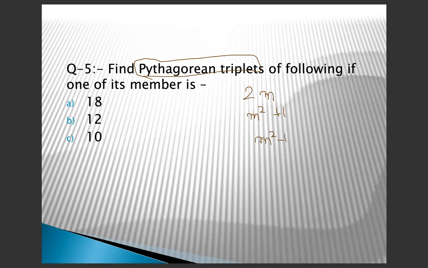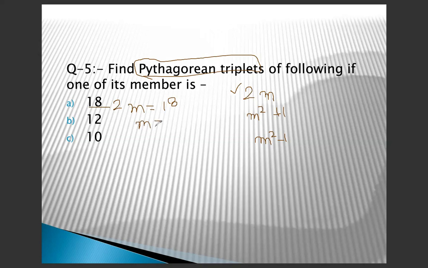So if one member is given, we can use the method of 2m as well. That means 2m equals 18, then the value of m becomes 9.